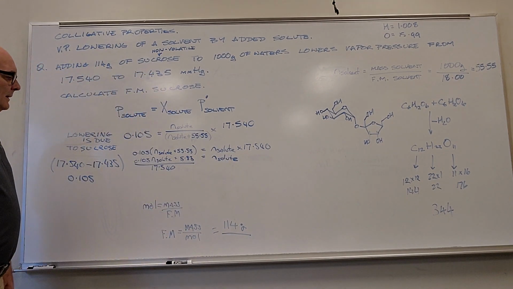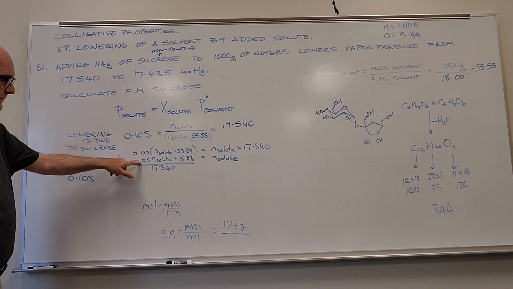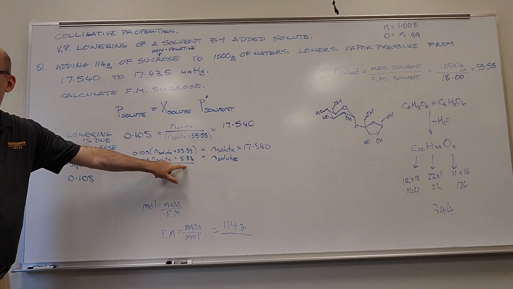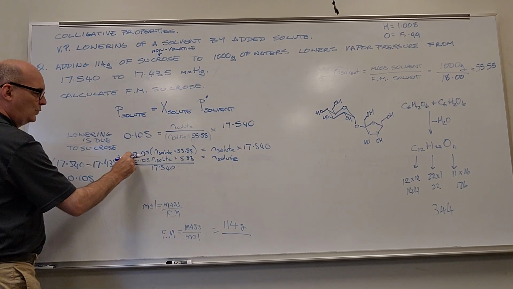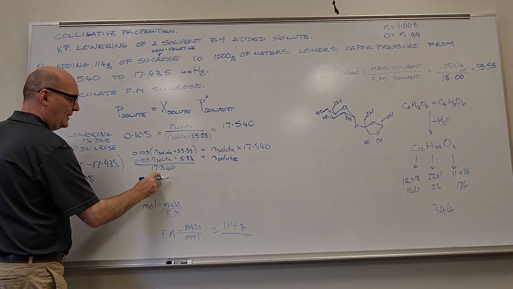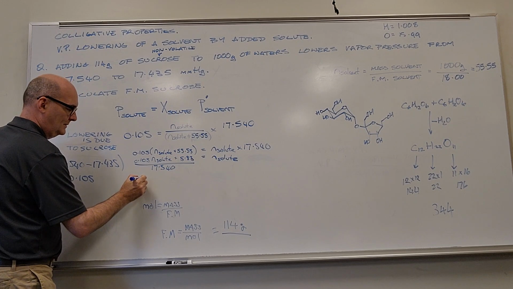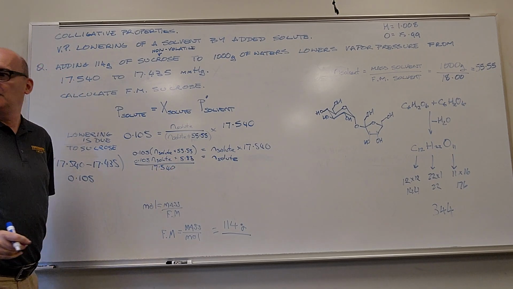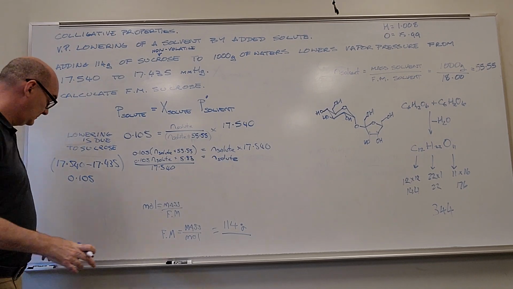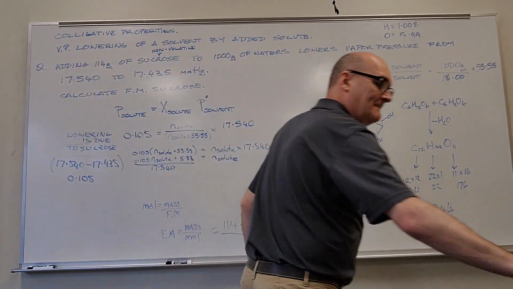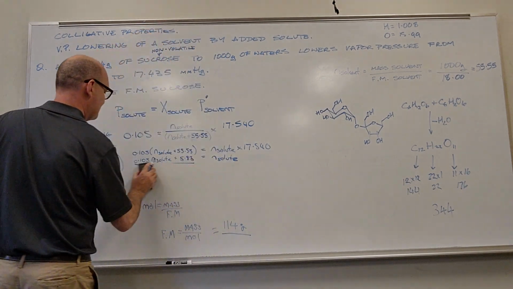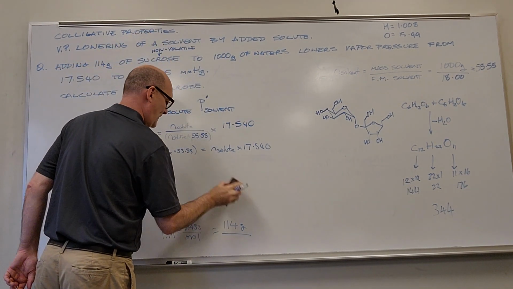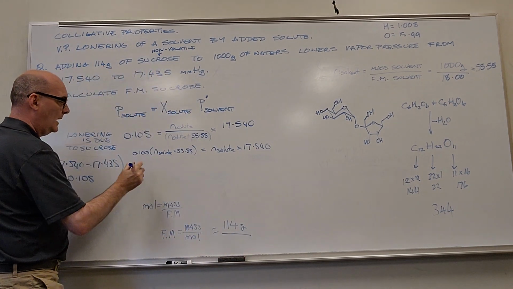So now I have a new number here and a new number there. What is 0.105 divided by 17.54? Is this not how you did it? No, I just subtracted over. That way you could just divide the numbers and not have to worry about dividing the variable.